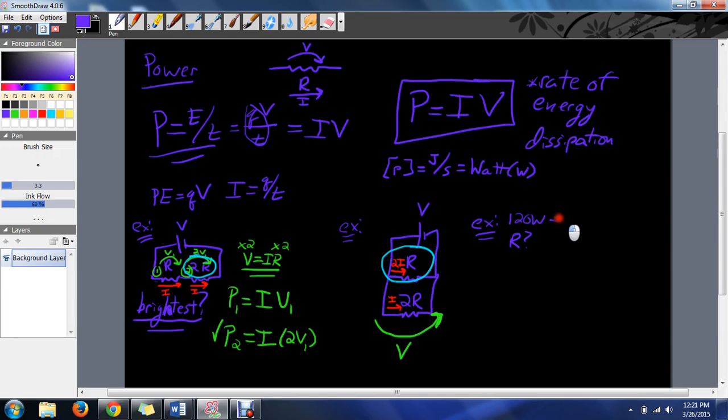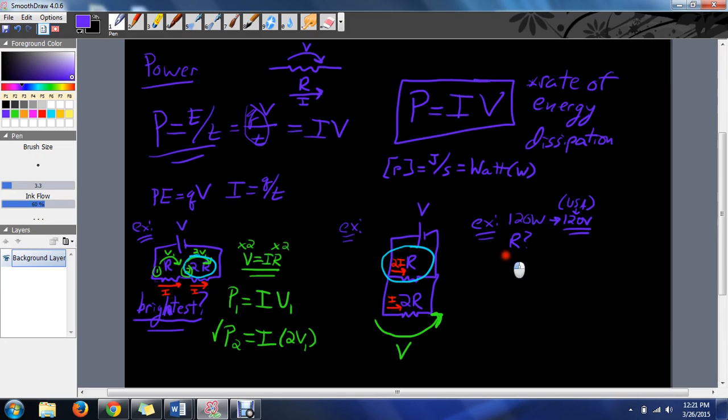In the United States, you plug a light bulb into the wall, it has a voltage of 120 volts. So 120 volts is standard USA wall socket voltage. So we're assuming 120 volts. So if you were to plug this light bulb into Europe, in Europe they have 240 volts. So it would shine brighter in Europe. It wouldn't be 120 watts.